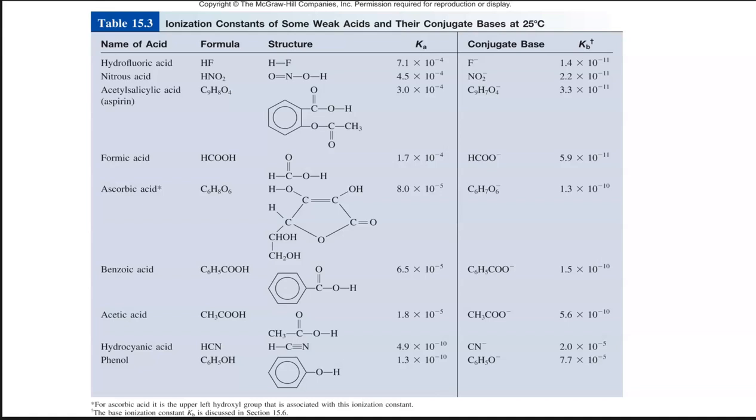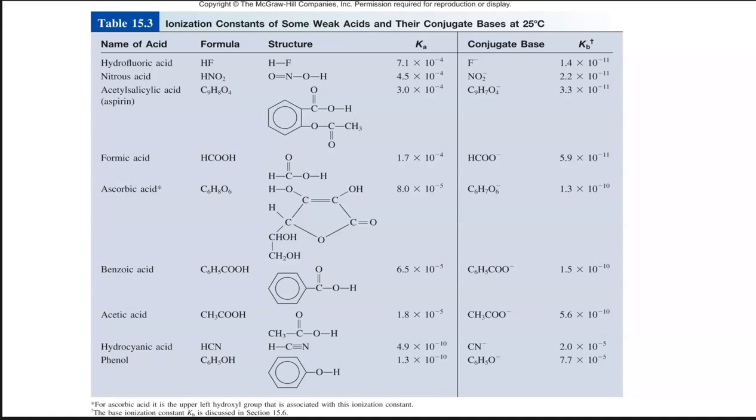So if you find Ka, you can either calculate Kb, as we'll talk about in a few minutes, or you may find that value is already in your table. You can see hydrofluoric acid, the top acid there, has a Ka of 7.1 times 10 to the minus 4th, which means the fluoride ion has a Kb value of 1.4 times 10 to the minus 11th.